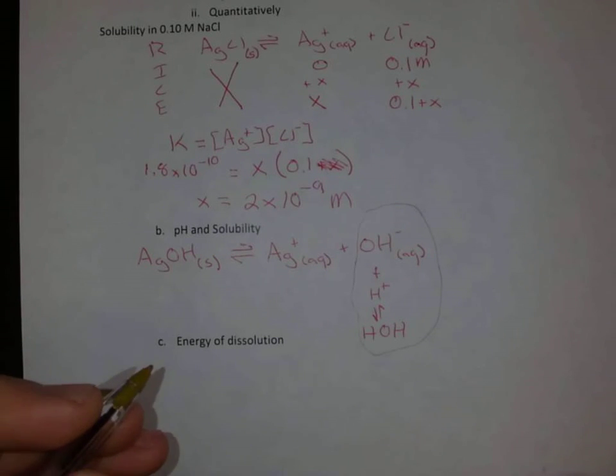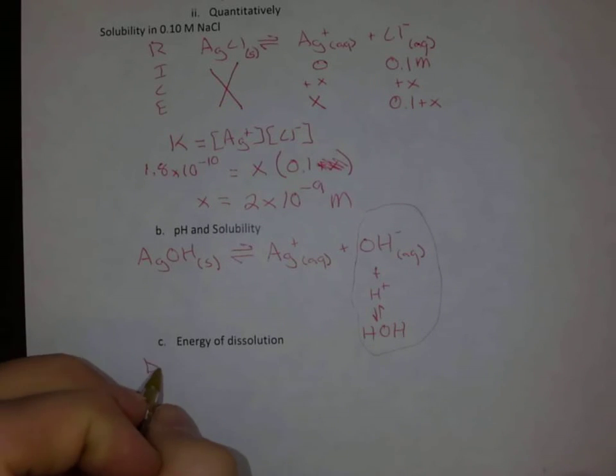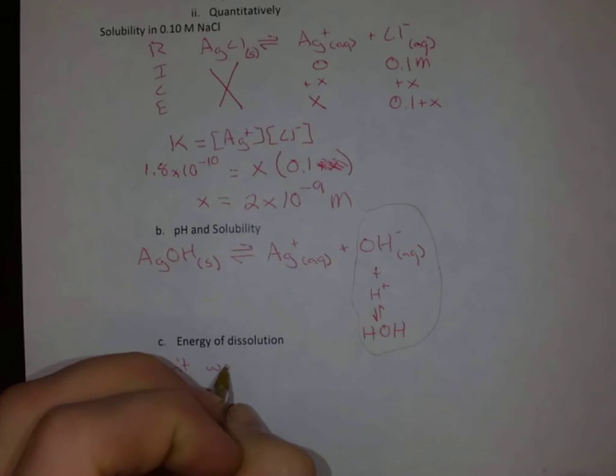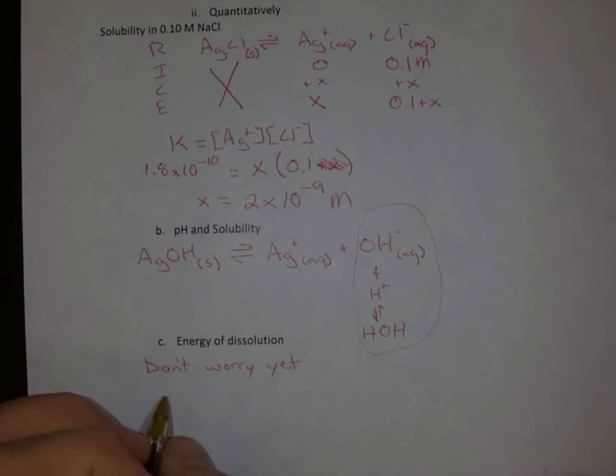It may have a delta H where it releases energy, and hey, that's good, but there's another thing that we're going to talk about in Unit 9, our last unit, that has to do with our free energy and the spontaneity of these processes, okay? So essentially, energy of dissolution, don't worry too much yet. But really what it says is we can't predict.